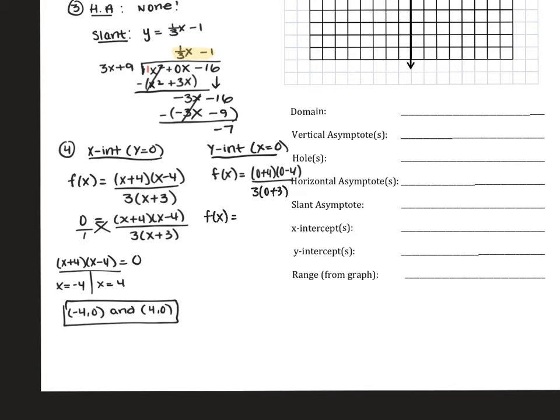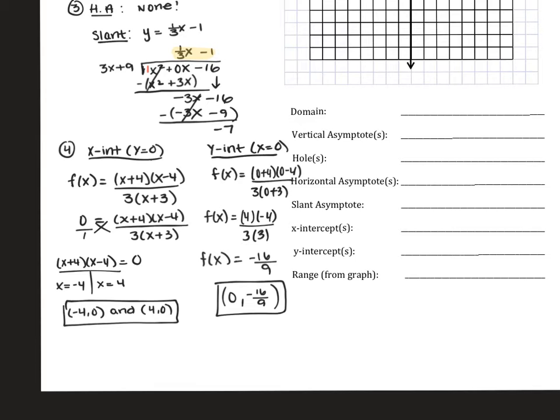So in the numerator, 0 plus 4 is 4, 0 minus 4 is -4, and on the bottom, 0 plus 3 is 3. So we have f of x equals -16 over 9. And if we made that a point, the x is 0 and the y is -16 over 9. So that would be my y-intercept.